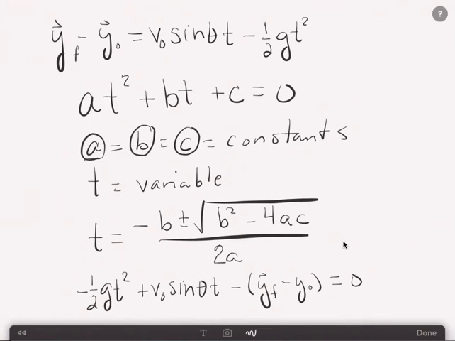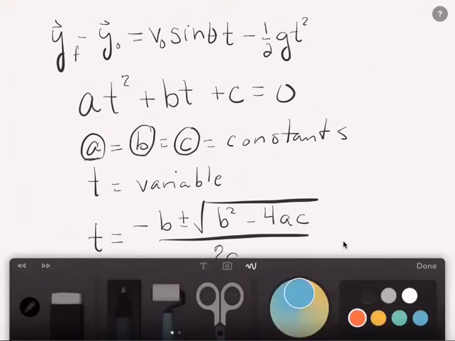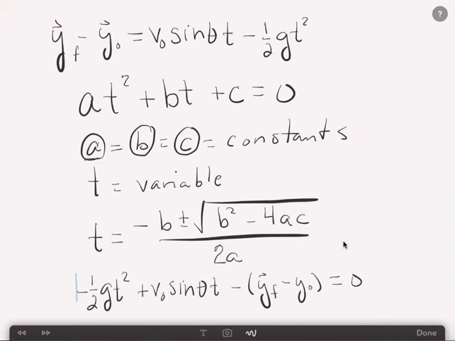So in this particular case, one half g is a, v naught sine of theta is b, and then a negative displacement is c. So we know how to measure each one of these values so we can calculate t. And that's what we'll be doing in the theory. Okay? This is how we're going to find it.